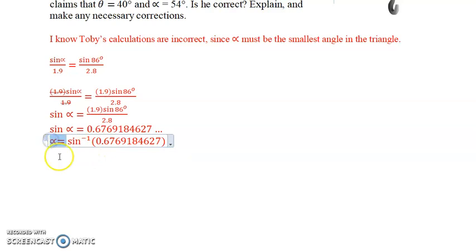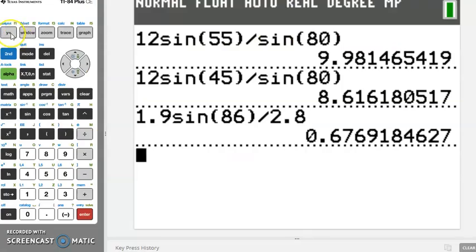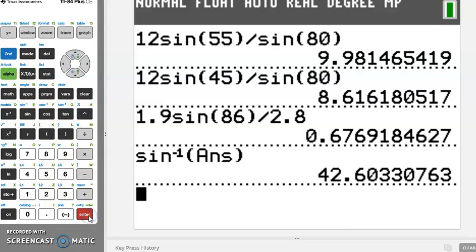And we get alpha equal to, remember you do second function sine, and then you can do second function answer on the calculator we have in class, and that'll automatically bring it to that. Or you could do it manually, inverse sine, and you can put in 0.6769 and just put as many decimal places as you can.